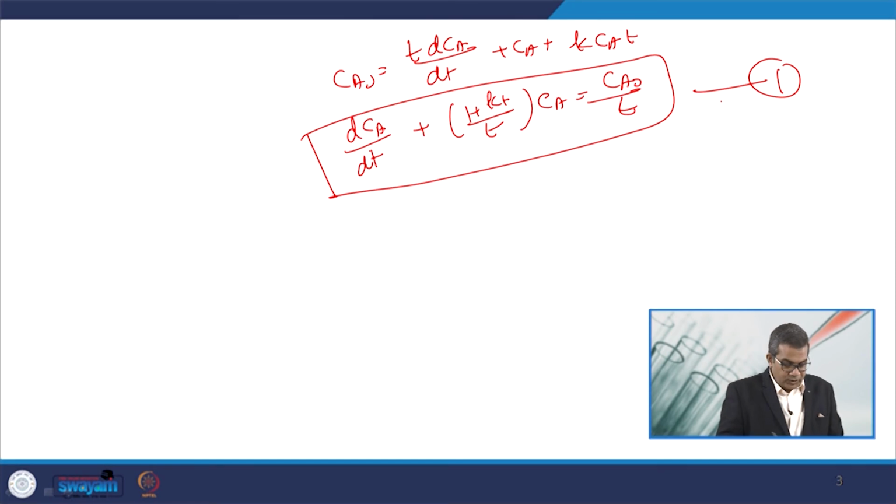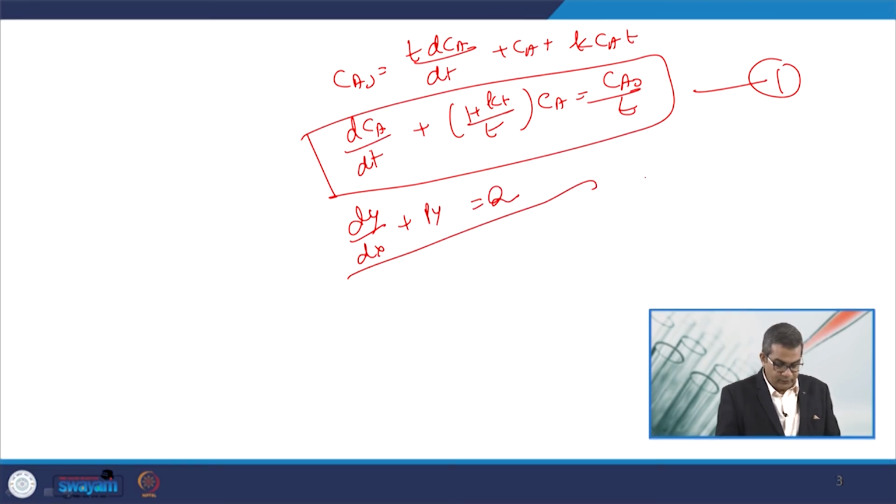So this equation is of the form dy/dx plus Py equal to Q. So we can write the integrating factor IF as e to the power integral of P dx.